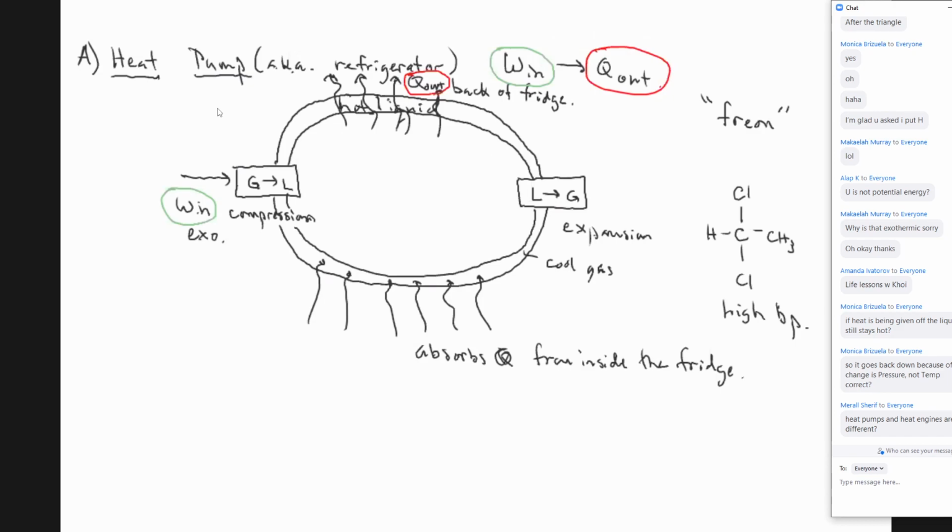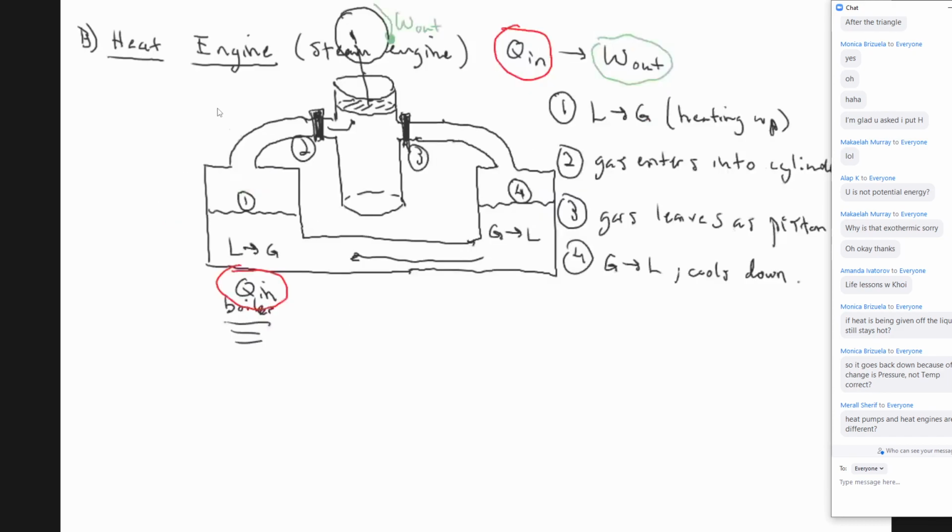Inside your house, it pumps heat from the inside to the outside. And heat engines are devices that get things to move, right? That rotation and that turn of the crankshaft is turning an axle, turning a wheel, turning a paddle wheel, turning a turbine, right, for your power plants.